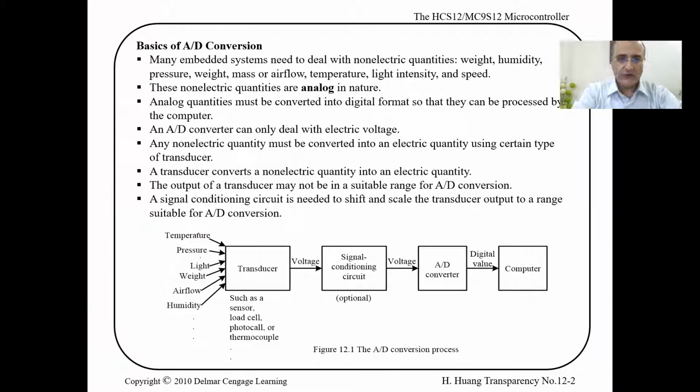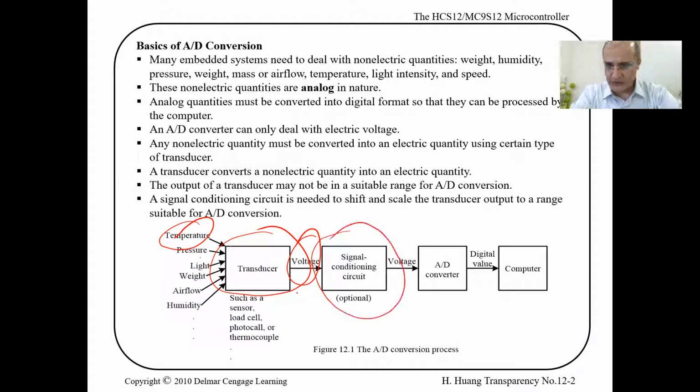how we convert physical values to electric signals through transducers, then the voltage, if needed, should be signal conditioned to convert the voltage into a range and scale that the A to D understands.